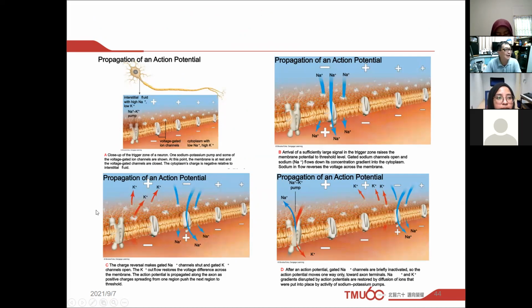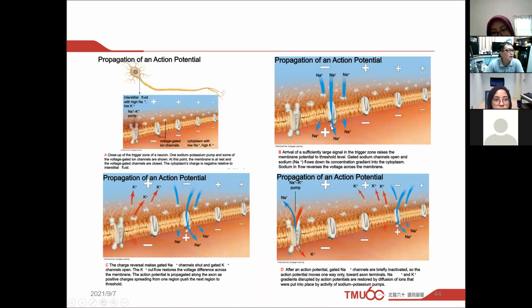Here's a diagram that tells you how to transmit this message, or the propagation of the action potential. For example, in the static state, the environment outside is positive, with a lot of sodium, and inside is higher potassium ion, and it is negative. Then it gets the information, and what happens?